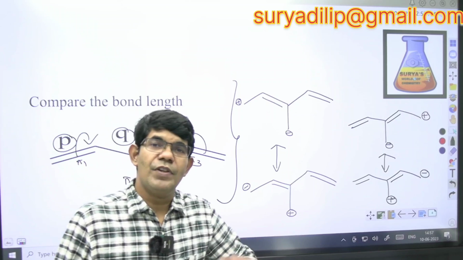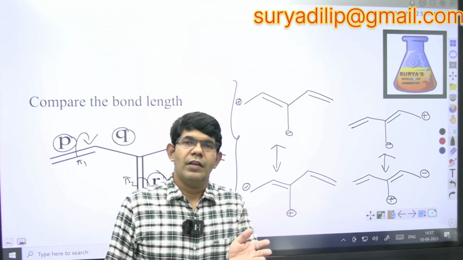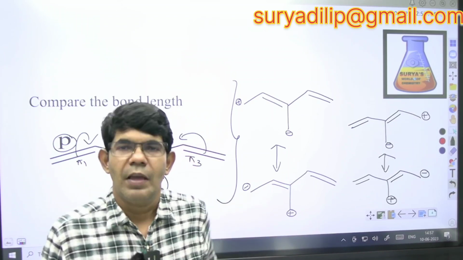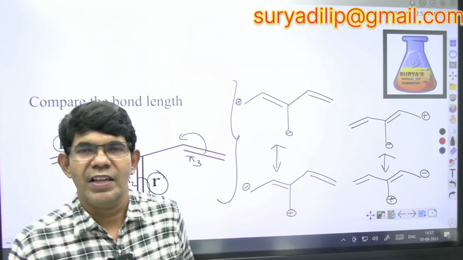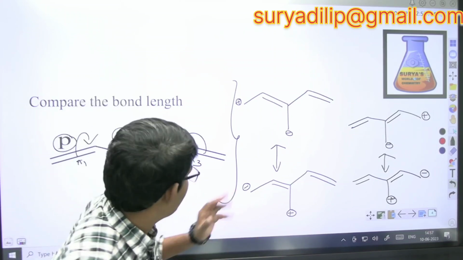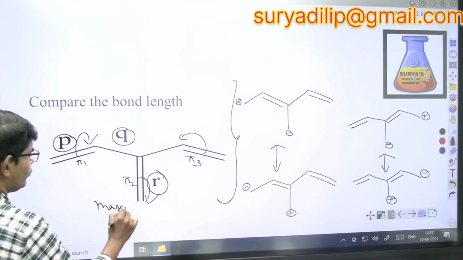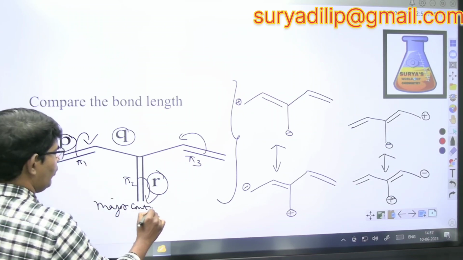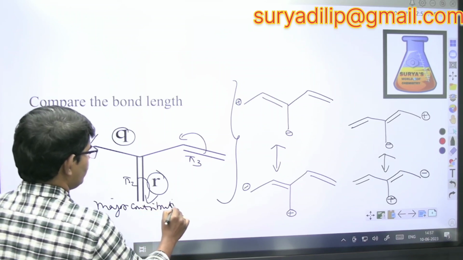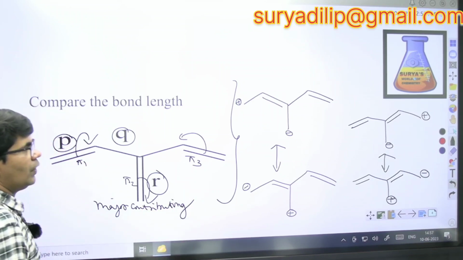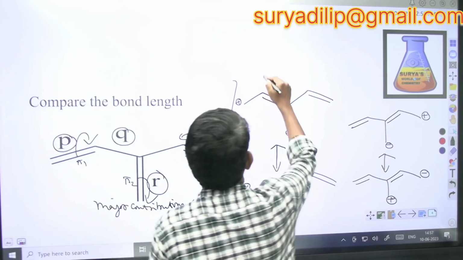If the energy difference is very high, then the major contribution will be from the one having less energy. Like in this case, the major contribution will be with this resonating structure, and this entire set will be less contribution.